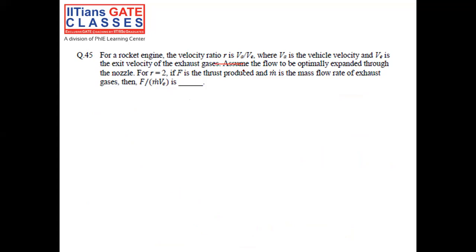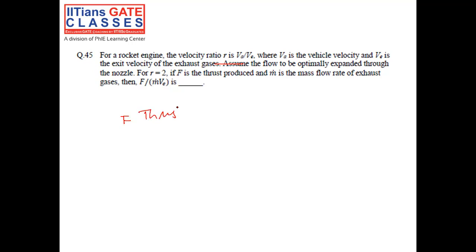Assume the flow to be optimally expanded through the nozzle. For R equal to 2, the thrust produced by the rocket, and m dot is the mass flow rate of exhaust gas, then F by m dot V_E is... So for a rocket engine, we know the thrust produced by a rocket engine.